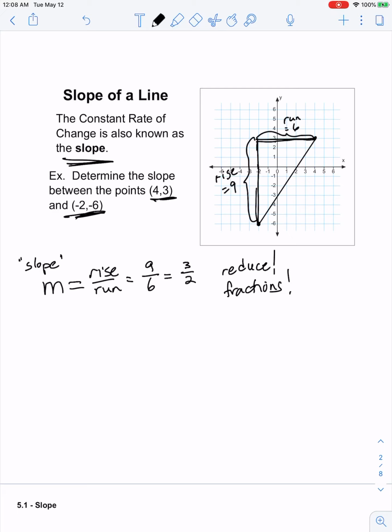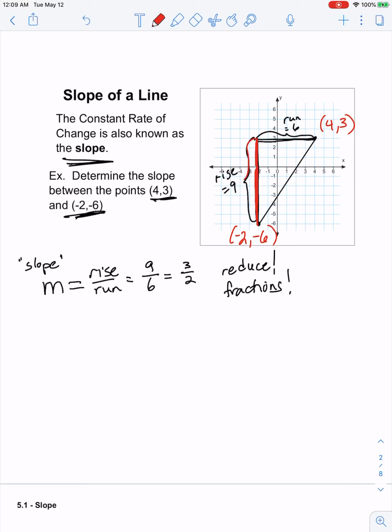Okay, so the rise we can get by looking at the y coordinates of the 2 points. This point is the point (4, 3). This point is the point (-2, -6). The 9 came about through the -6 there and the 3.